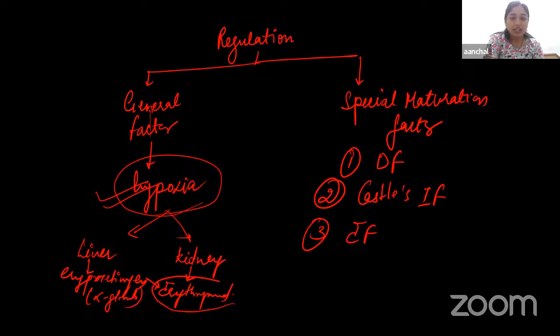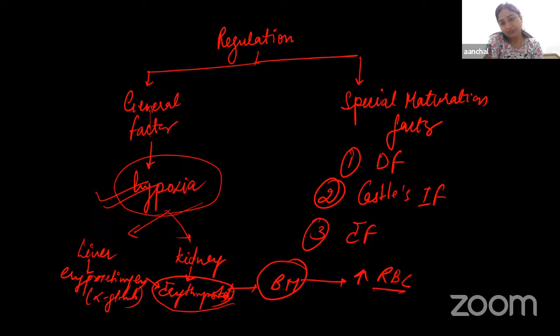Now this erythropoietin is going to stimulate the bone marrow and there will be increased production of RBC. So in this way, hypoxia is responsible for increasing RBC production with the help of the hormone erythropoietin, secreted by the liver and kidney. The erythropoietin stimulates the bone marrow and there is an increase in the production of RBC, right?